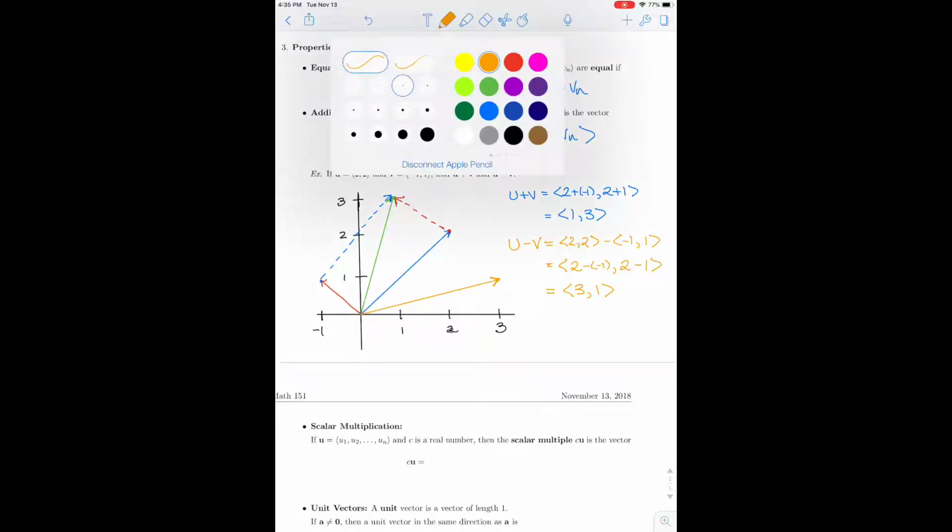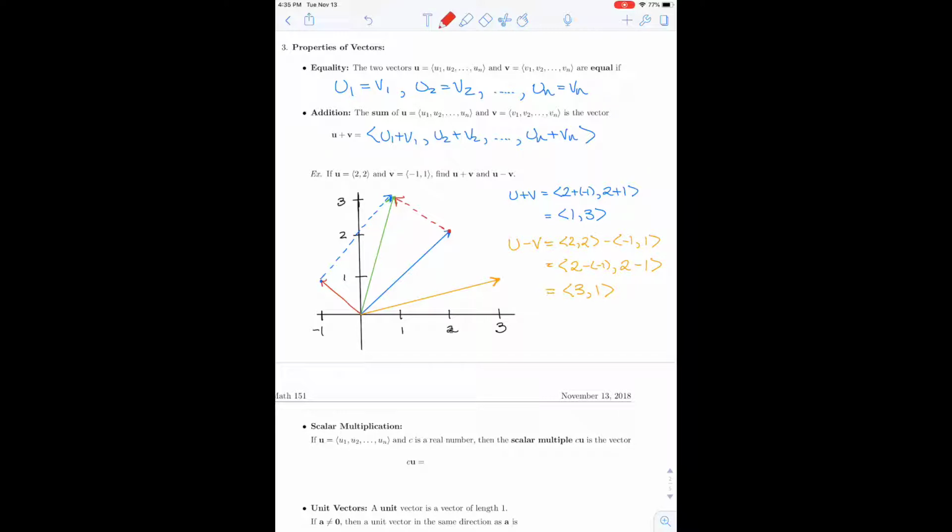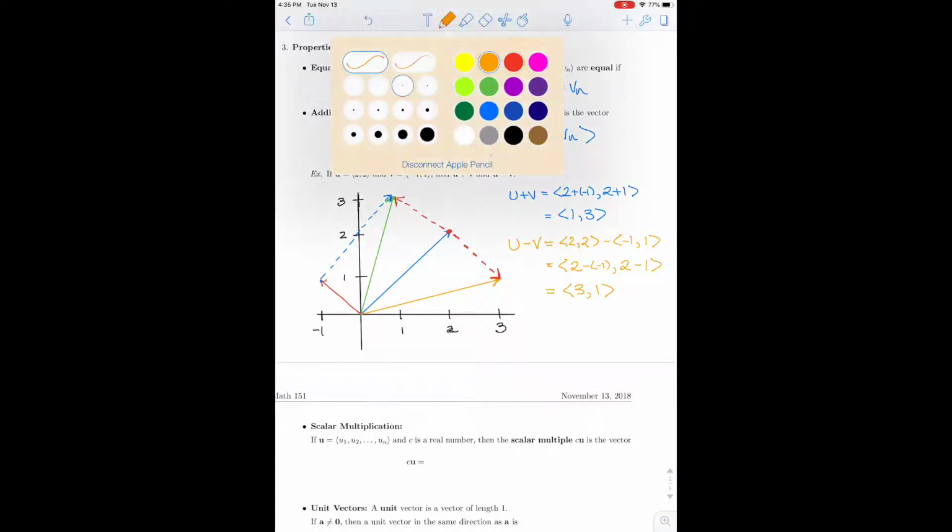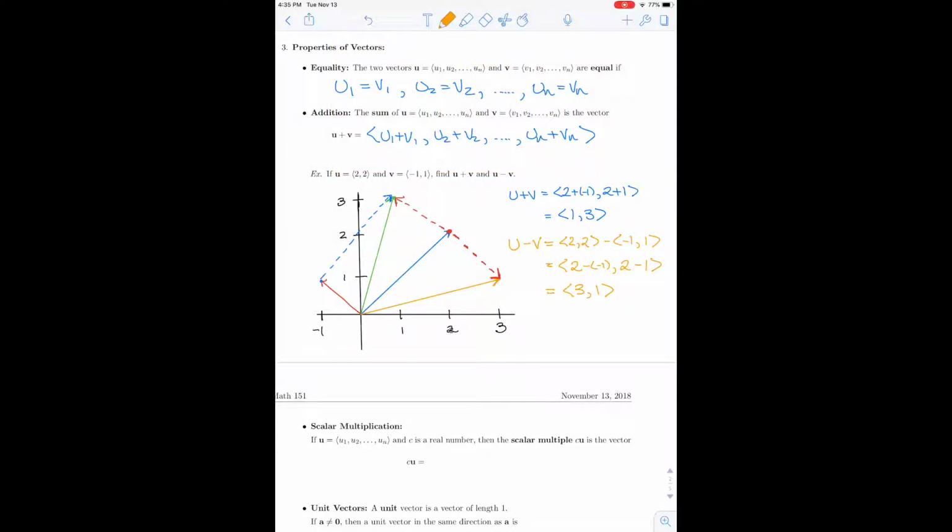And you will see that this vector lines up with taking the vector u, following it to its end, and then adding a negative, or opposite direction, of the vector v. You can also see that the resulting vector 1, 3 is parallel to the vector that connects the two heads of the vectors v and u.